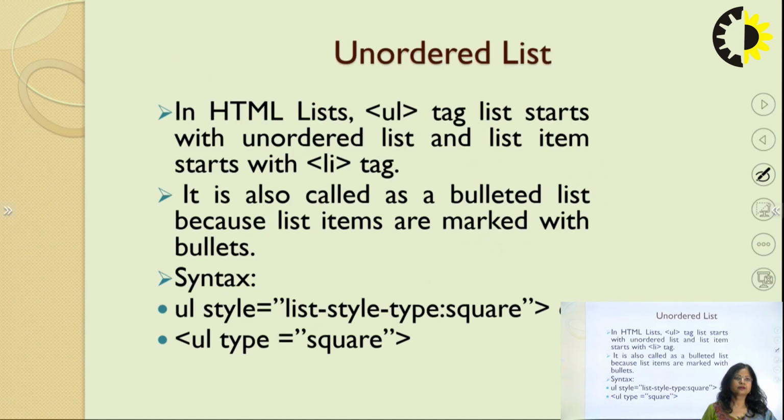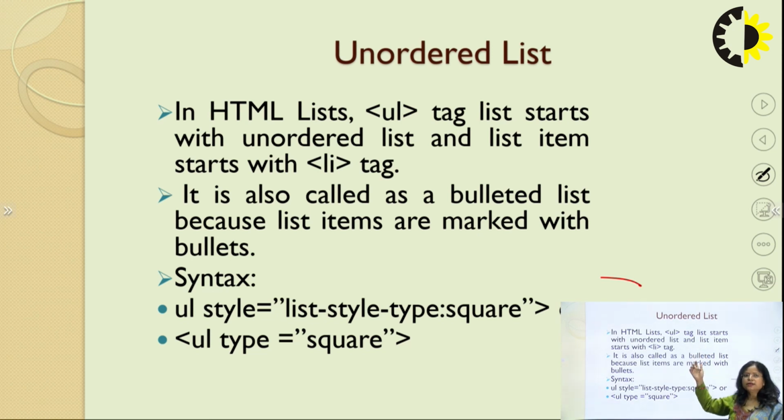Next, unordered list. In an unordered list, we represent the elements when there is no need to represent them in some sequence. So, unordered list uses different types of bullets. Bullets can be of square and some diamond form. Okay.